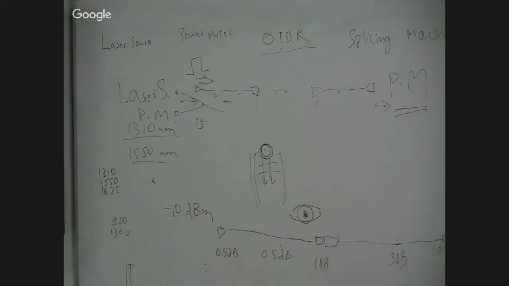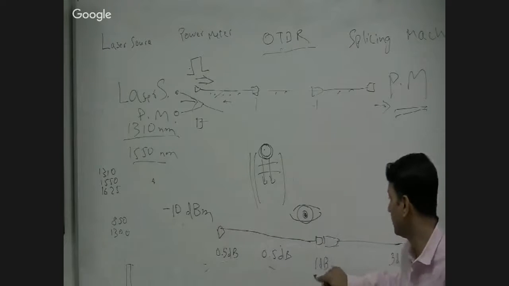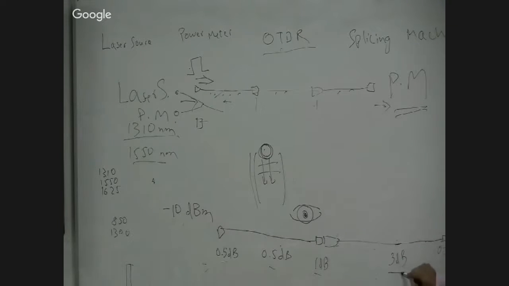So what will be the power measured here? Minus 10, then 1, 2, 3, 4, 5, 5.5. Ideally, I should be able to see this kind of power level.